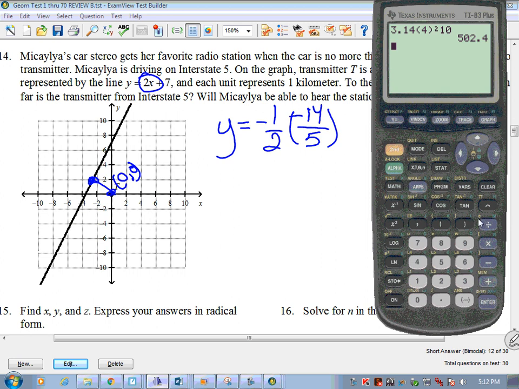Negative 0.5, I'm going to use that for negative 1/2, times negative 14 divided by 5, because I don't know that decimal. Okay, negative 1.4, which is 7/5.